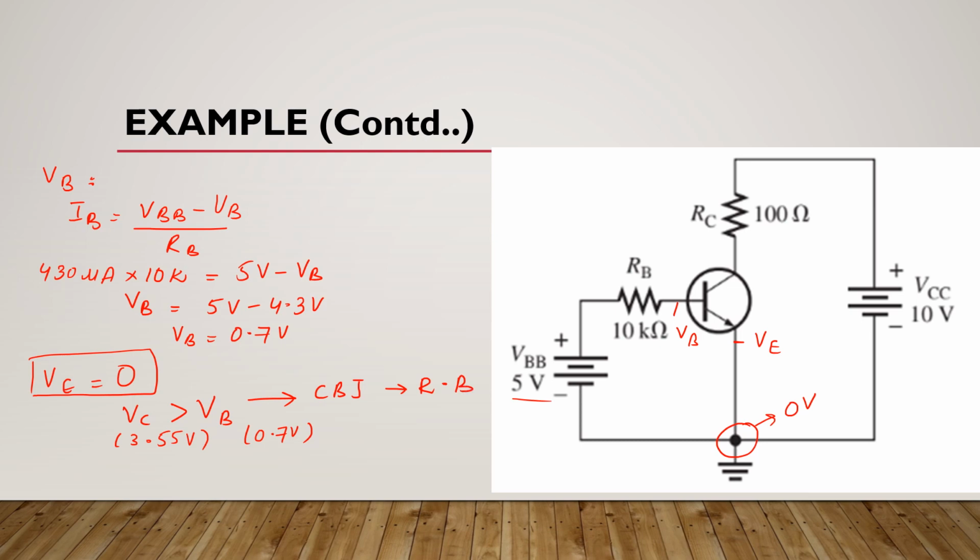And if you look at another condition here, VB is greater than VE because this VB is 0.7 volts and VE is 0 volts. It means emitter base junction is forward biased here. And we know that when this emitter base junction is forward biased and this collector base junction is reverse biased, it means the transistor is in active mode. Okay, so these are your answers.